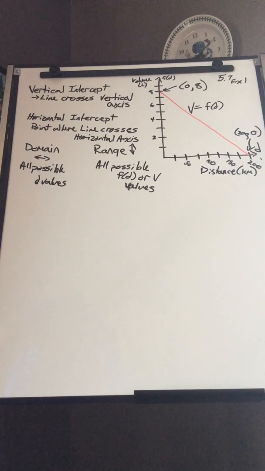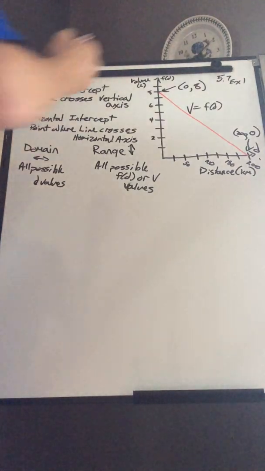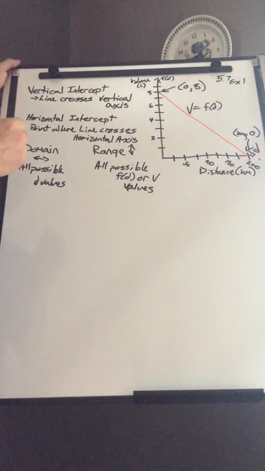So we wanted to write the coordinates of the points where the graph intersects the axes. We have that. Determine the vertical and horizontal intercepts. Describe what they mean. So we figured out the coordinates, but what do they mean?